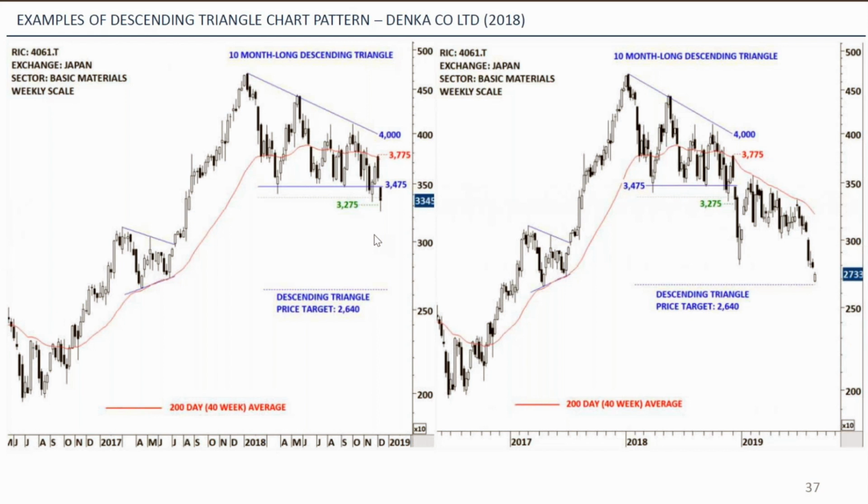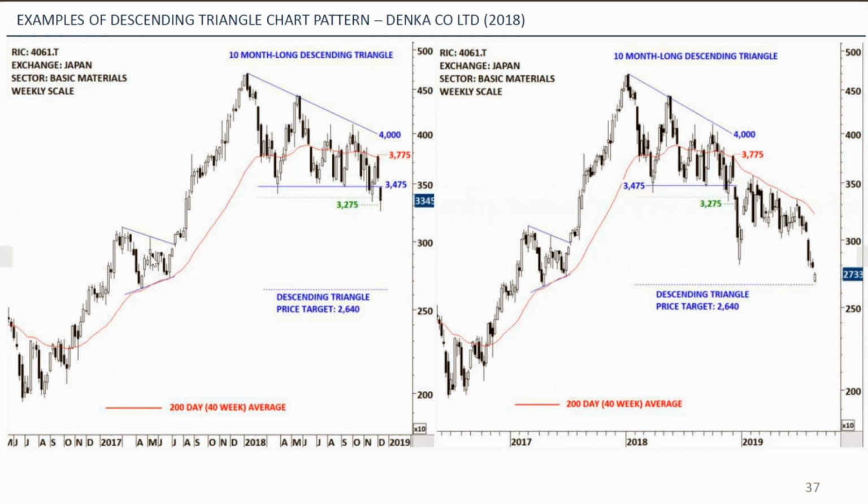Now we don't force our analysis on any chart. If we see those types of patterns, if we see those types of confirmations, we get more excited about that chart. That's why I always advise to look at as many charts as possible to find those types of perfect conditions.